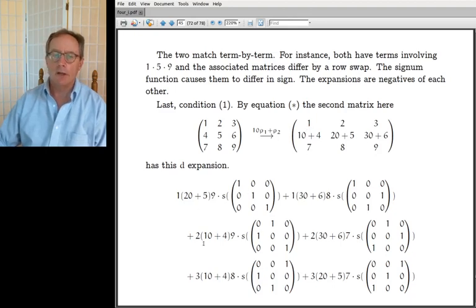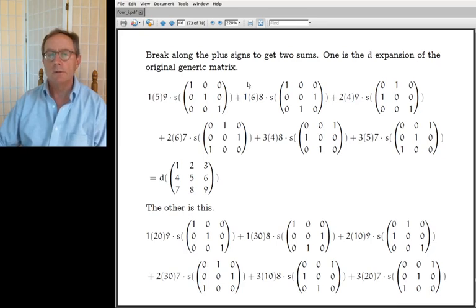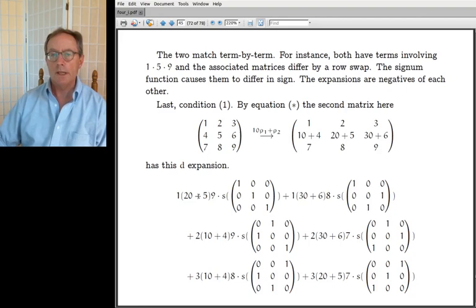The second matrix has this D expansion. If you break along the plus signs, then you get two sums. You get the 159. There we go. I'm breaking along this plus sign, that plus sign, that plus sign, etc. You see the 159, there'll also be a 129.